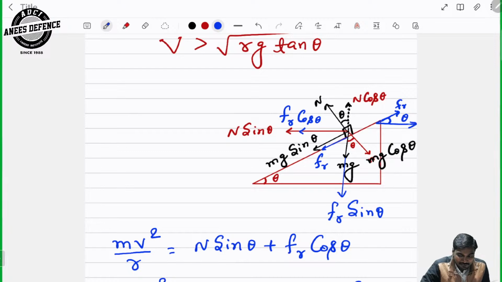So Fr cos theta, Fr sin theta. Understood? So N sin theta minus Fr cos theta, and on this side N cos theta plus Fr sin theta. Understood?